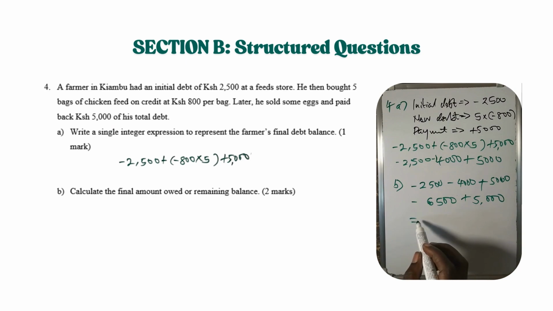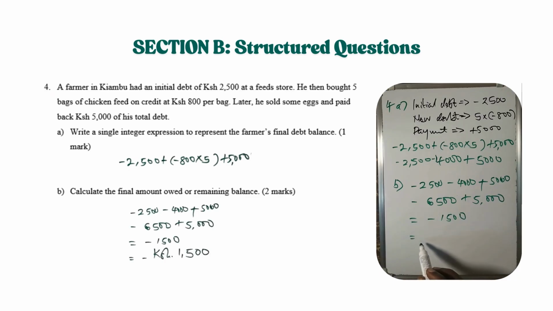So our answer is going to be negative 1,500. So you can say that the final balance of the final debt would be negative Kenyan shillings 1,500. So the new debt is 1,500.